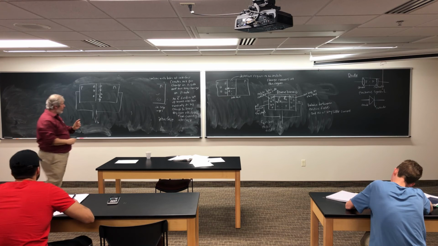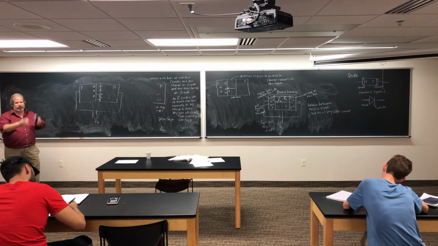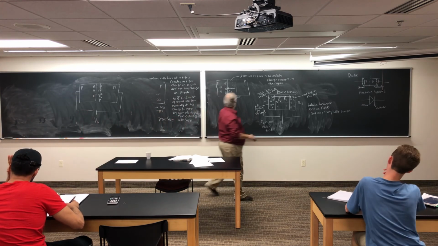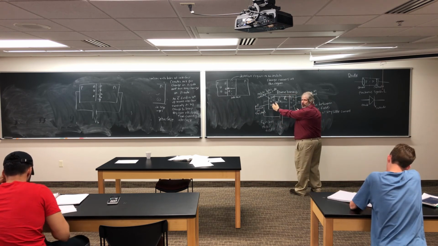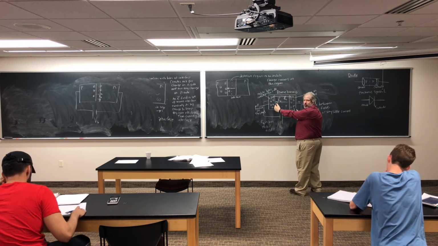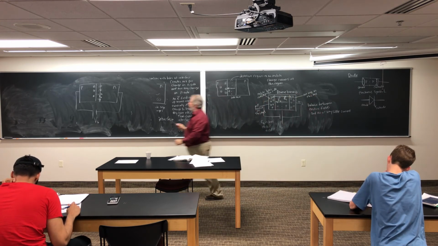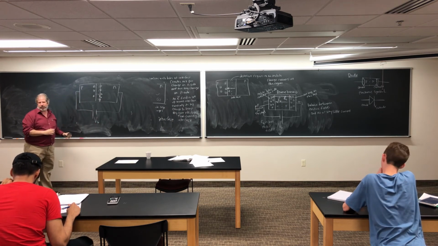So when we had no bias whatsoever, no voltage, we had a depletion region. If we put on a battery like this, we increase that area where there's no mobile charges. So we increase the depletion region. If we do this, we're going to decrease the depletion region. Okay?